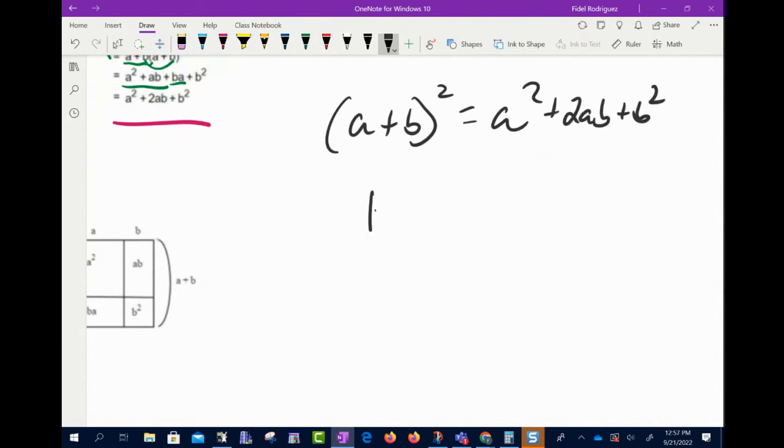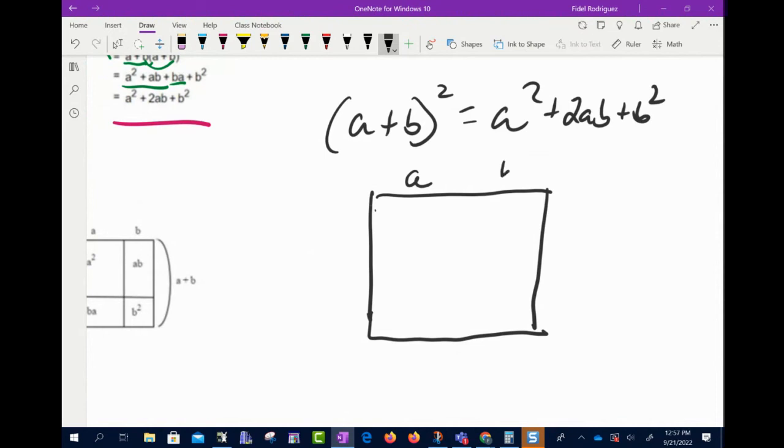So what we're going to do is make a square here, okay? I'm going to call this A, this B, this A, and this B. Okay, what that means is I'm going to end up with something that looks like this, okay?